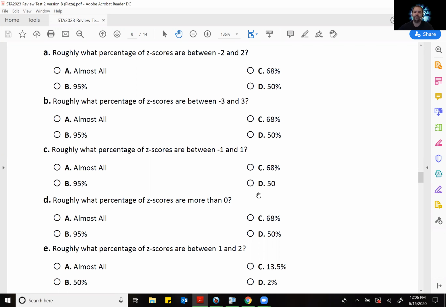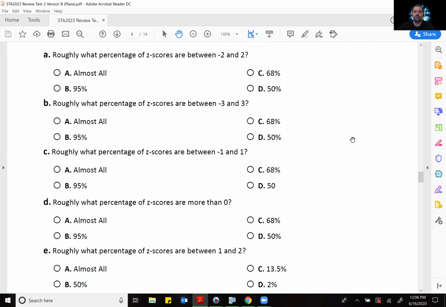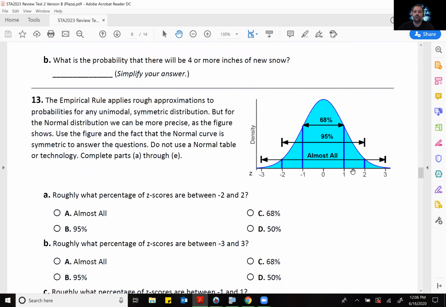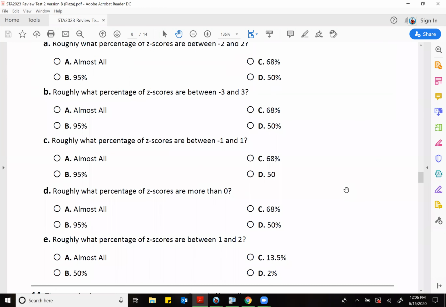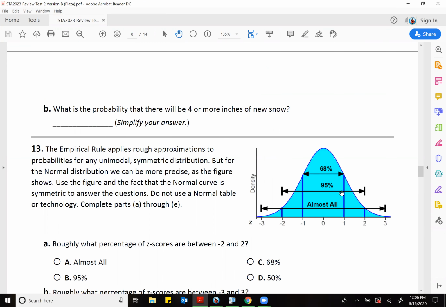And E, how much is between 1 and 2? That'd be 13.5. But it's not 68 divided by 4. These are not equal areas.